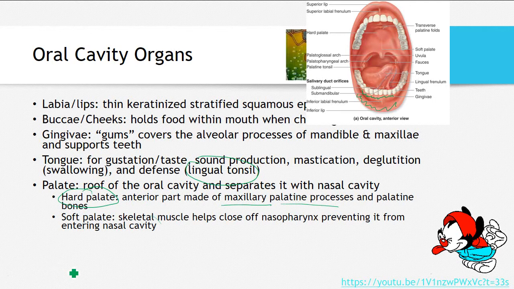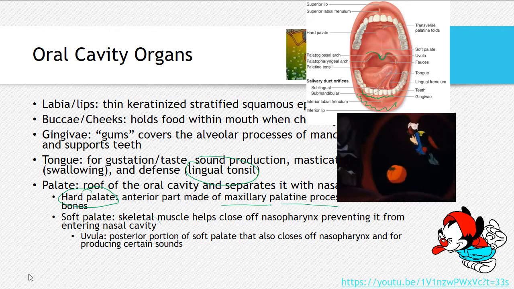We have the soft palate, the posterior part of it. The thing that hangs down here is called the uvula, right? This helps prevent food and water from going into your nasal cavity. Of course, when you're talking or laughing, it doesn't seal that part, and so fluids or food particles potentially will go into your nasal cavity.